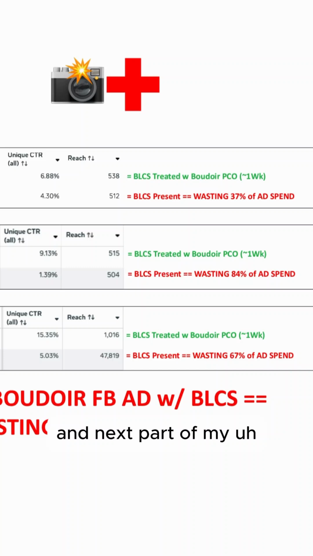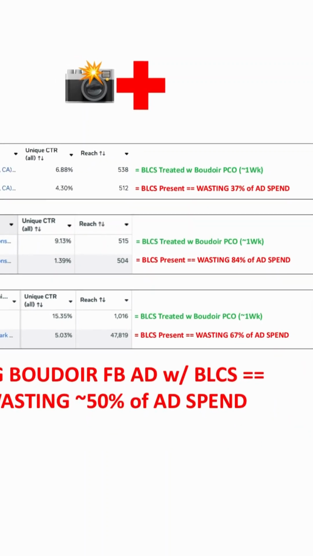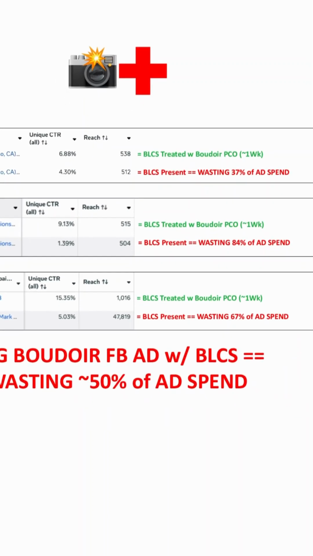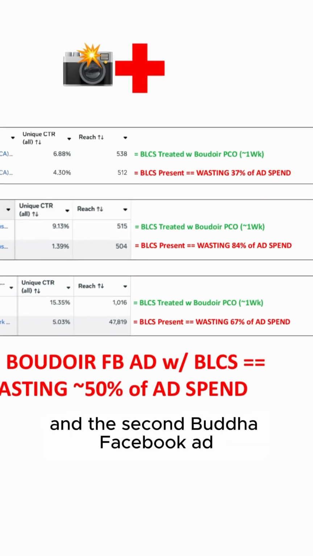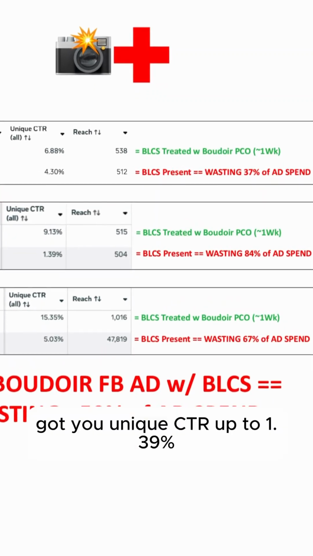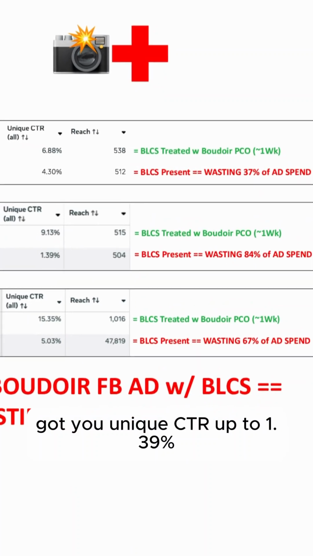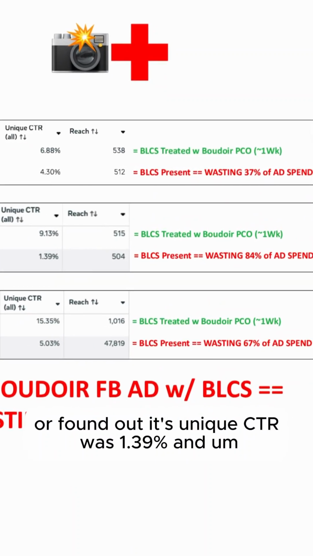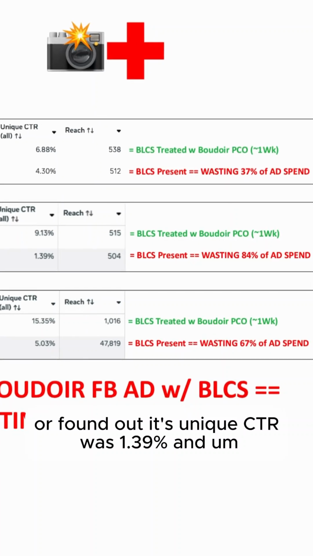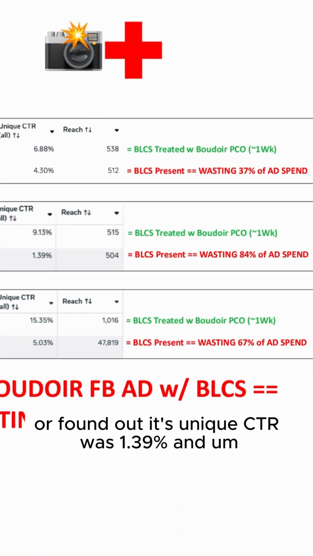And next part of my residency, the second Boudoir Facebook ad. Found out its unique CTR was 1.39%.